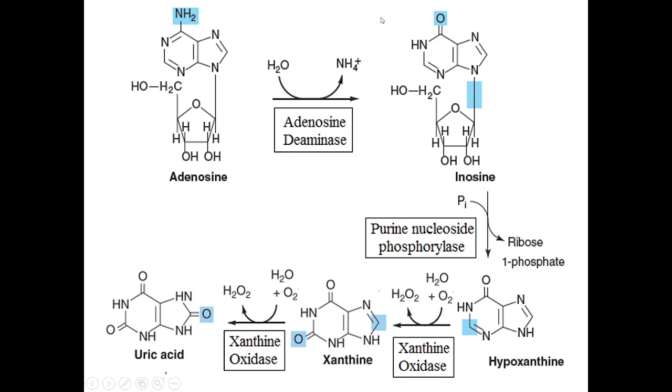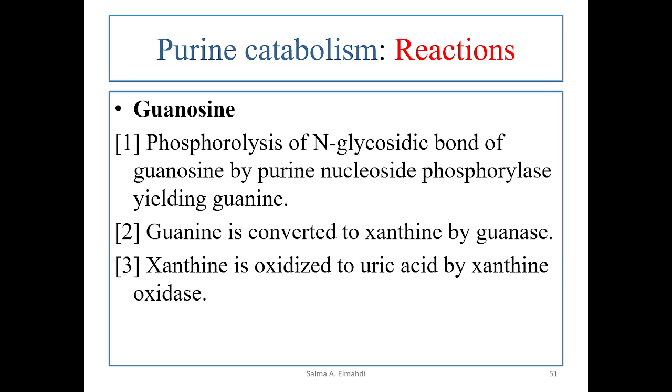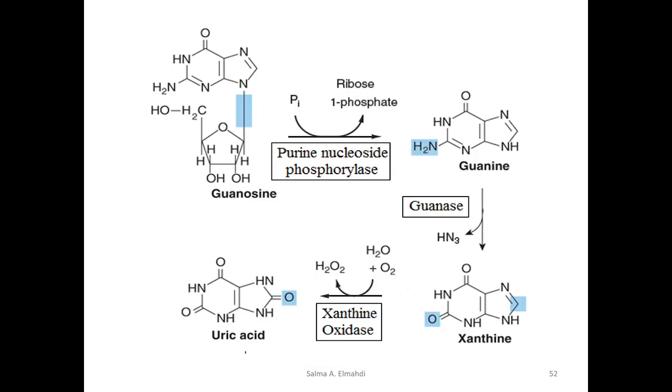So adenosine to inosine to hypoxanthine to xanthine to uric acid. Xanthine oxidase, as you can see here, is catalyzing the last two steps of uric acid formation. It is important because xanthine oxidase is a site of drug action.